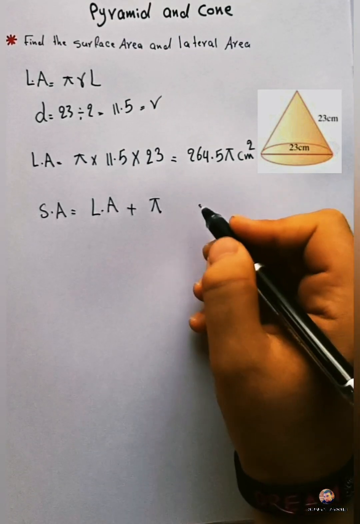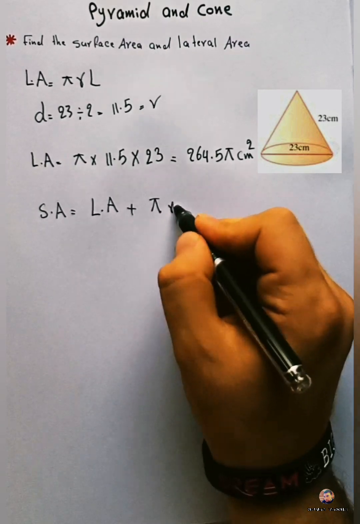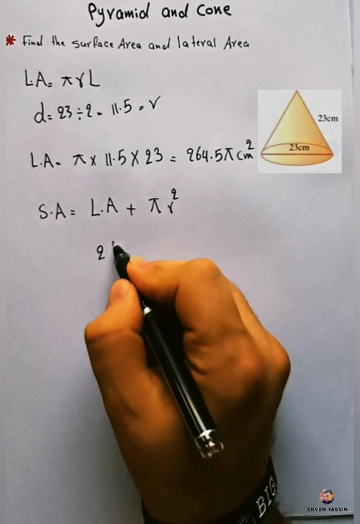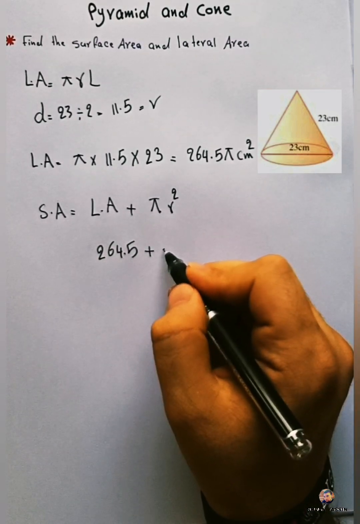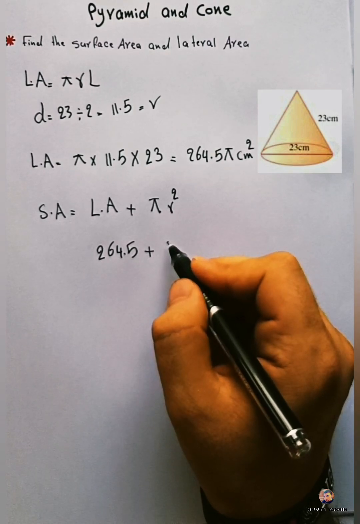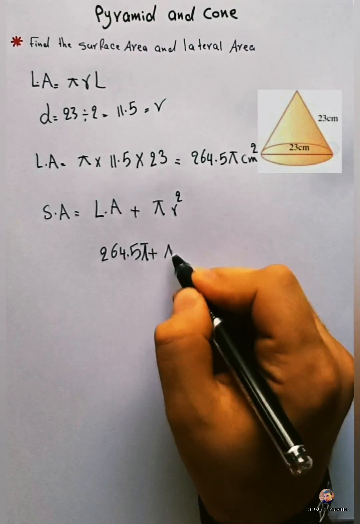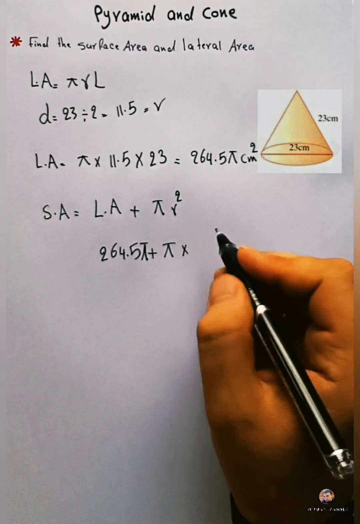The base is a circle, so the rule for the area of the circle is pi r square. So the lateral area is 264.5 pi, plus pi multiplied by the radius, 11.5, square.